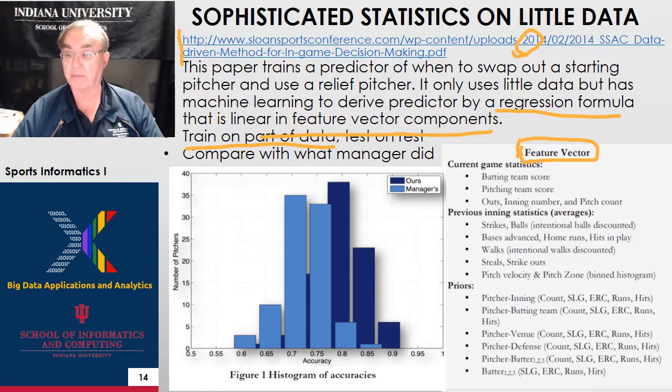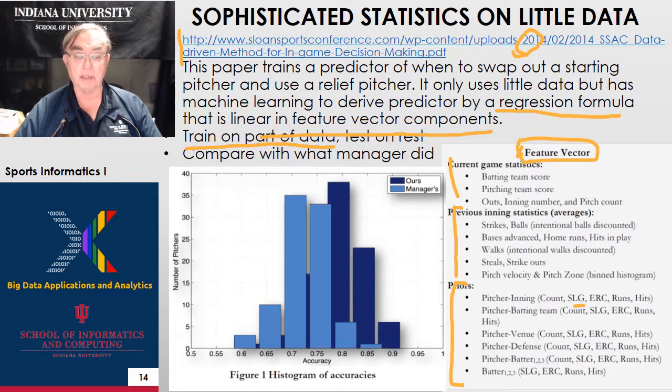And here you have all sorts of statistics on the current game, previous innings of this game, and also some features coming from previous games, such as ERA and slugging and things like that.